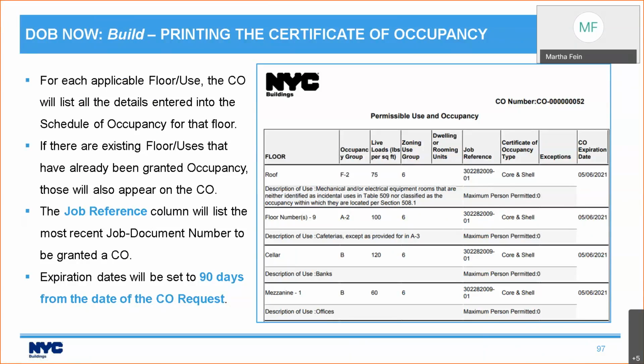So if I submitted a certificate of occupancy request today, assuming the system was live, and my certificate of occupancy did not actually get granted until Friday, the 90-day countdown would still be from today, because that's when the countdown starts.